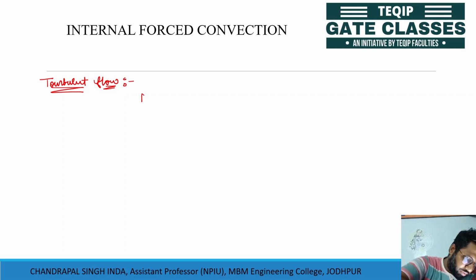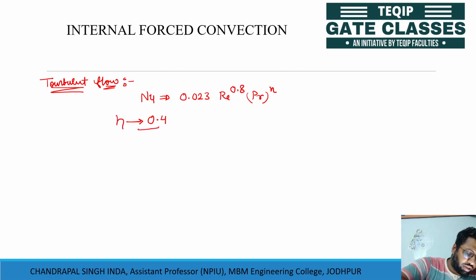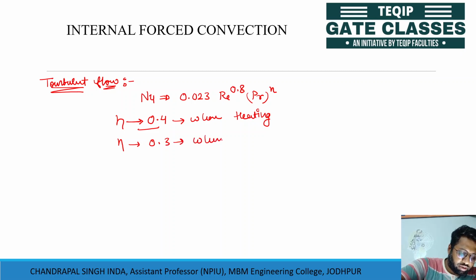For turbulent flow, we will have the Nusselt number equal to 0.023 Reynolds power 0.8 and Prandtl's power n, where n will be 0.4 when heating, and n will be 0.3 when cooling.